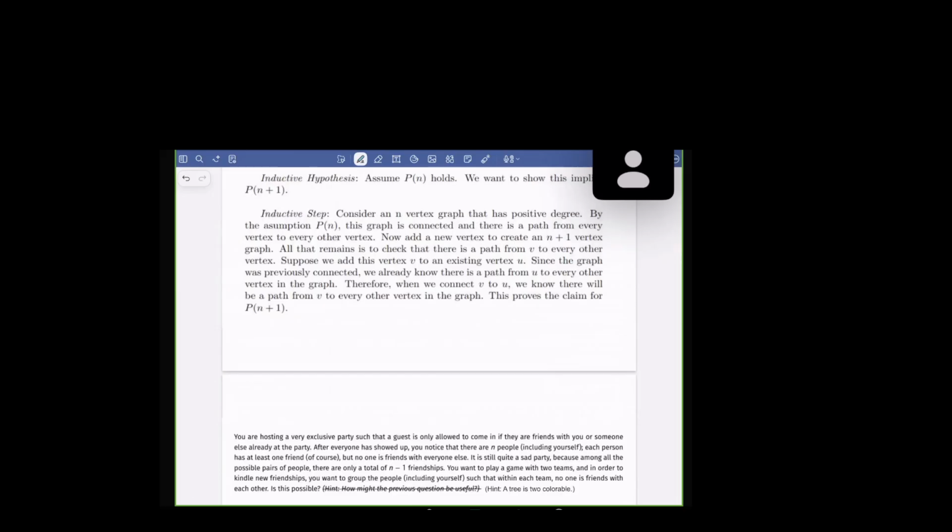This question appeared on one of our discussion worksheets, our CSM worksheets, in the past. I don't know if you remember it. Let me read through the problem really quick. You're at a party where a person is only allowed to come if they are friends with at least one other person in the party.